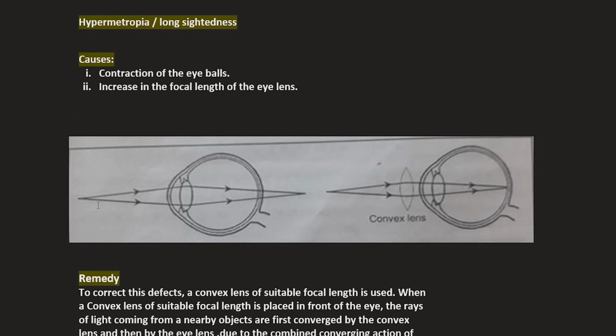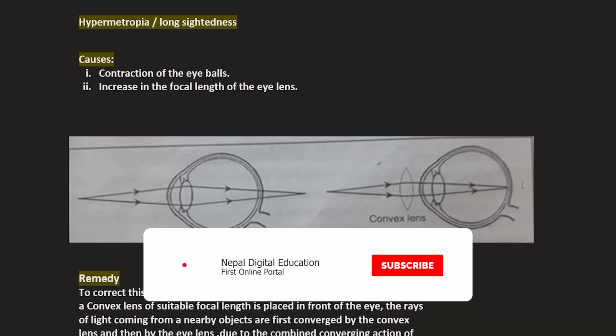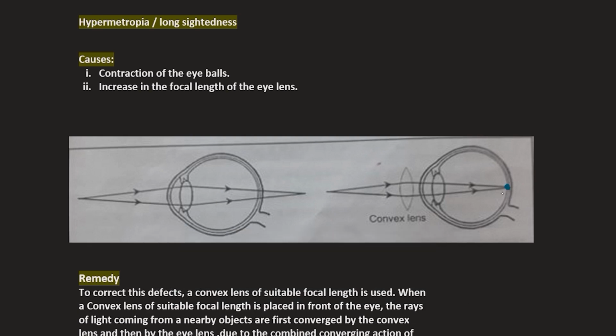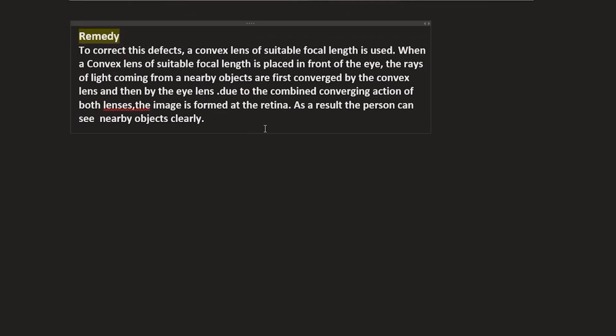Means when the light coming from a nearby object converges, then again the eye lens converges it. So due to both converging actions, the image is formed on the retina and we can see the object clearly. So just by using a convex lens of suitable focal length, we can correct this defect.